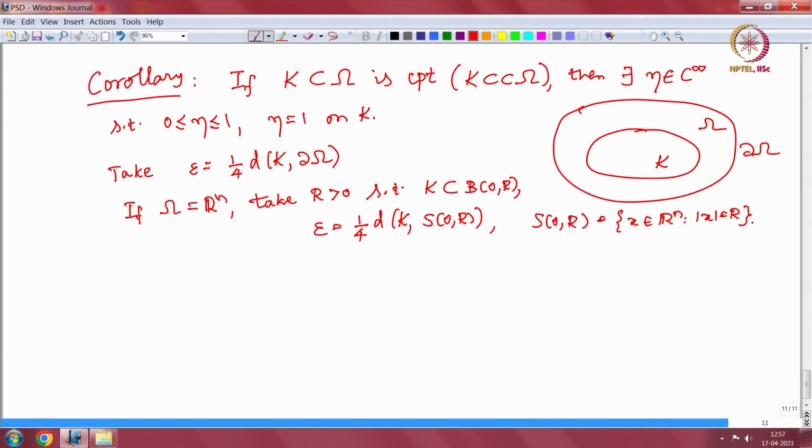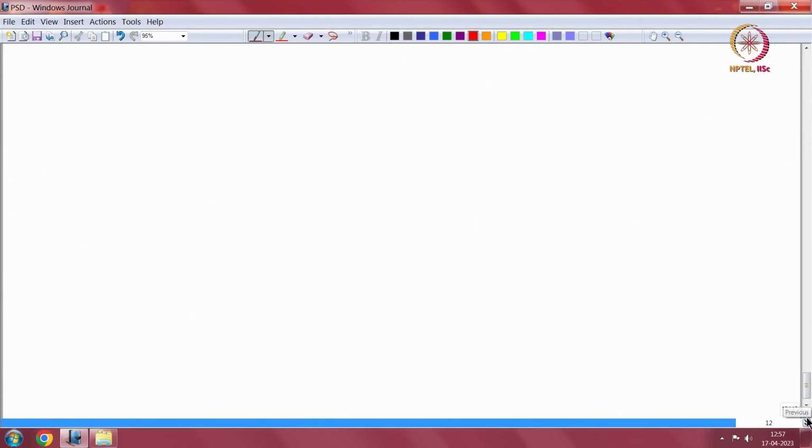Now we show that the C infinity functions with compact support are dense in LP. So let 1 less than or equal to p less than infinity and f in LP omega.